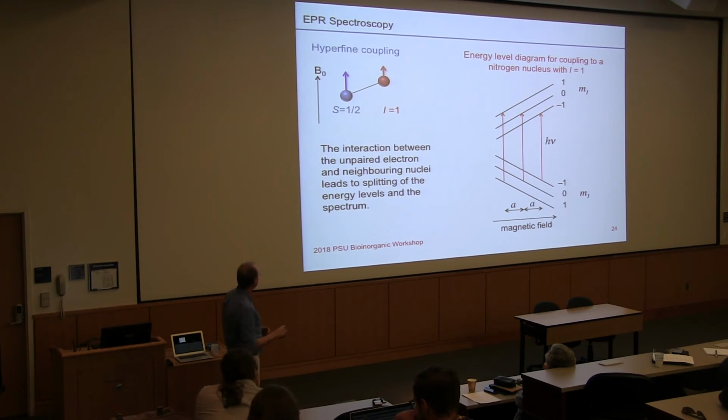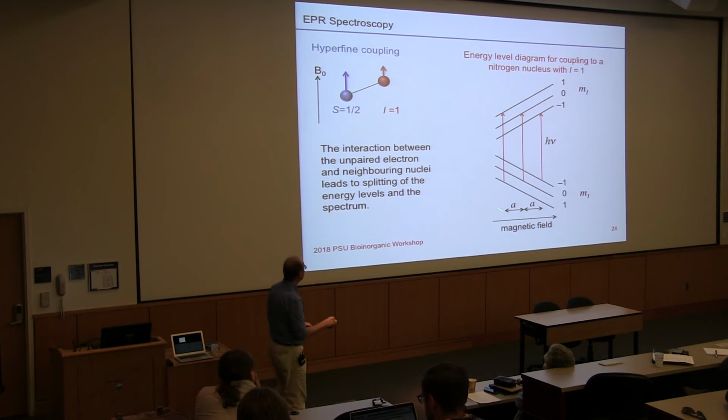And so if we had, say, a nitrogen next to our unpaired electron, it has a nuclear spin of 1, and therefore 3 possible orientations of its nuclear spin. And so the energy levels for the electron get split into 3, right? And so now we would have 3 possible transitions that can occur for each of the 3 possible orientations of the nuclear spin, right?